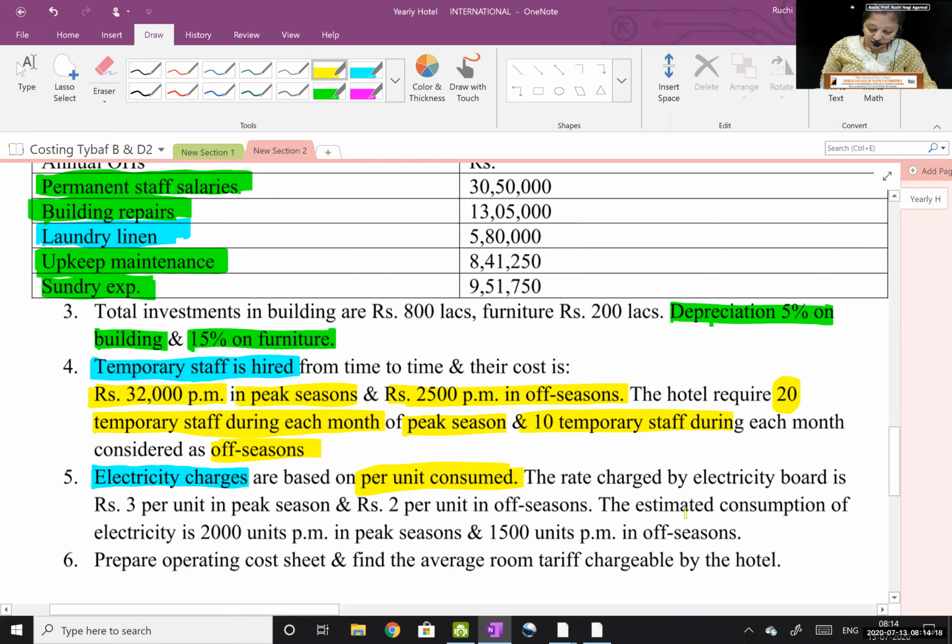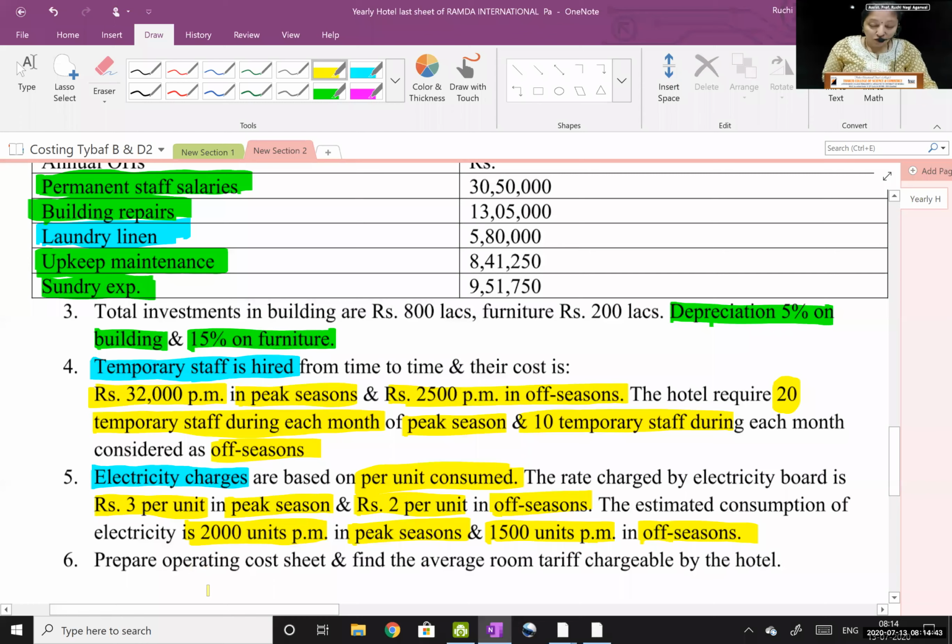Then the rate charged by the electricity board is rupees 3 per unit in peak season, that is summer, and rupees 2 per unit in the off seasons, that is winter. The estimated consumption of electricity is 2,000 units per month in peak seasons, that is summer, and 1,500 units per month in off seasons, that is winter.